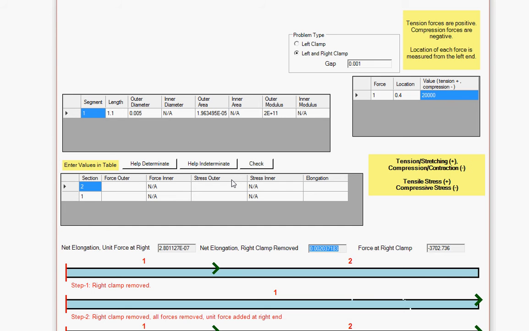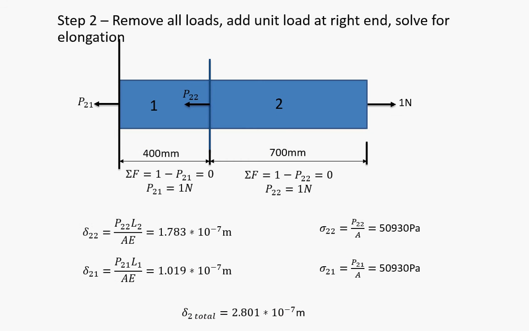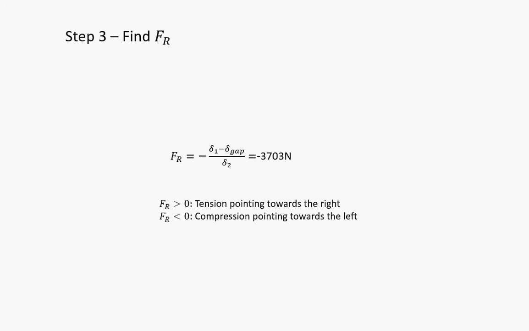As soon as you do that, you have those 2 elongations, then the program solves for the force at the right clamp for you. However, let's look at the equation that it uses to get that. Similar to how it was before, it's the net elongation of 1 divided by net elongation of 2.